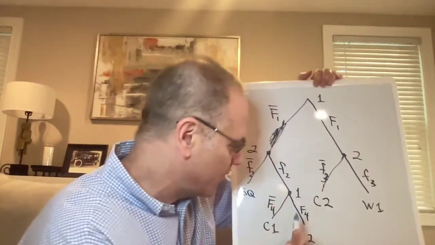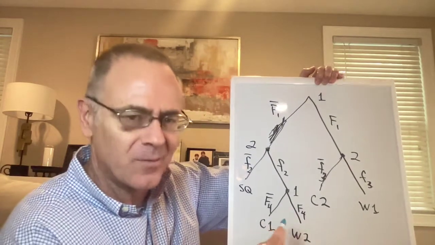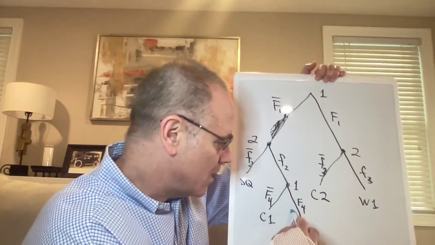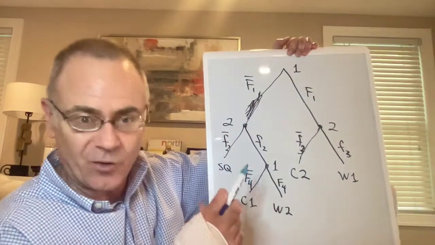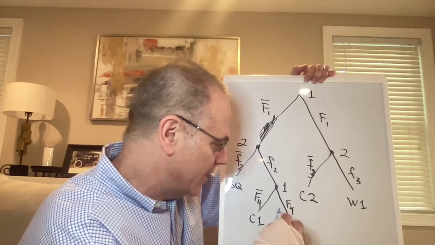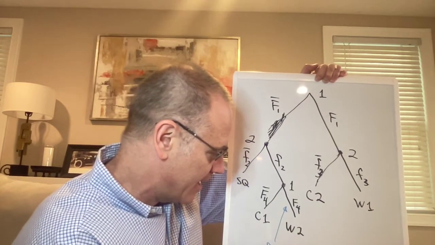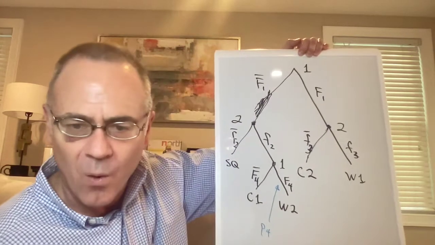Let me just clarify one little thing about where we left off. When we go back to the crisis game, remember the probability that one chooses F4, we're defining that as P4.